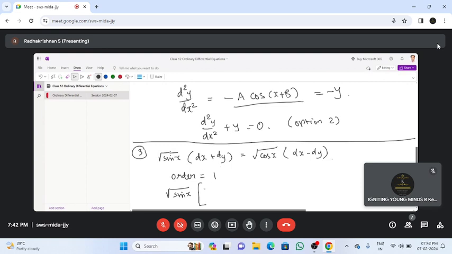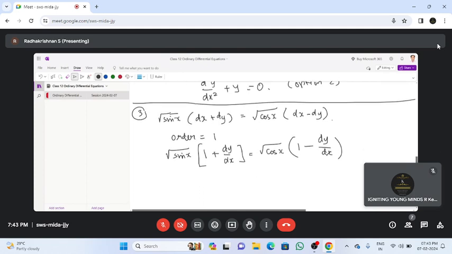So then it will become 1 plus dy by dx. We can write it like this. Now it looks a little clearer to me. Okay. So order is 1 and degree 1, sir. Degree 1. So it is very clear.